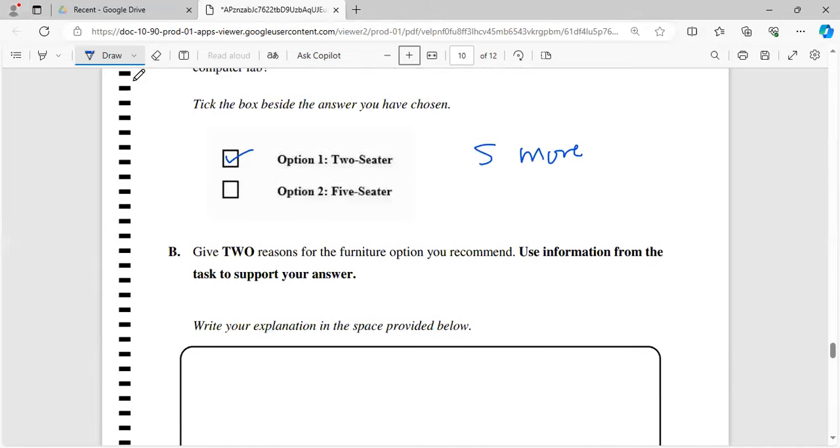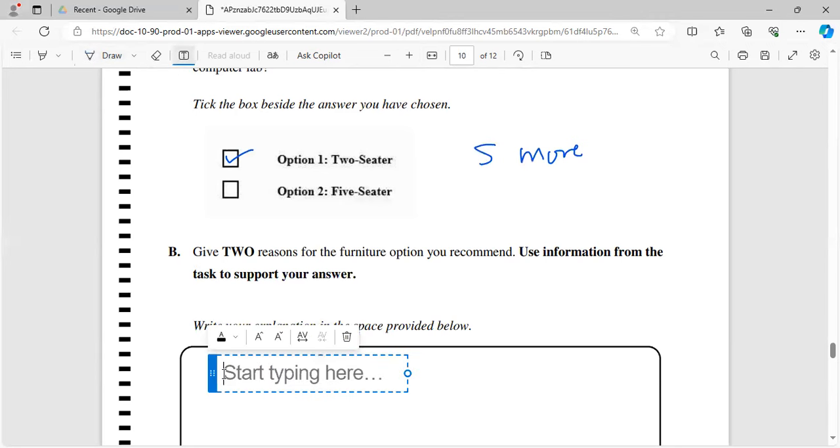So they say, give 2 reasons for the furniture option you recommend. Alright, write your explanation in the text below. I hope you guys did that. One, the 2-seater can hold 5 more students.